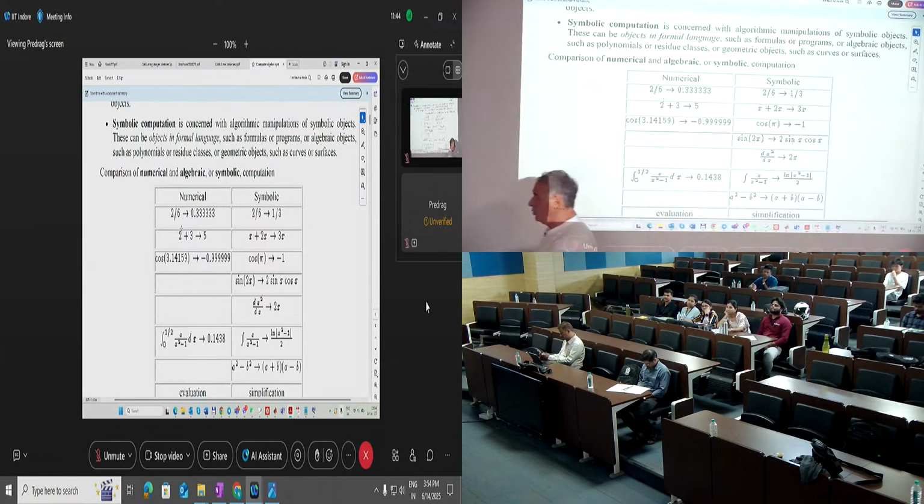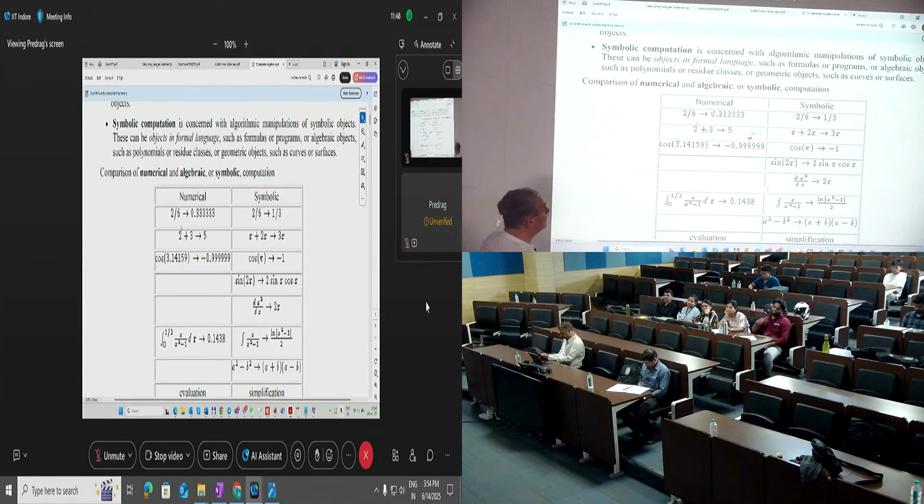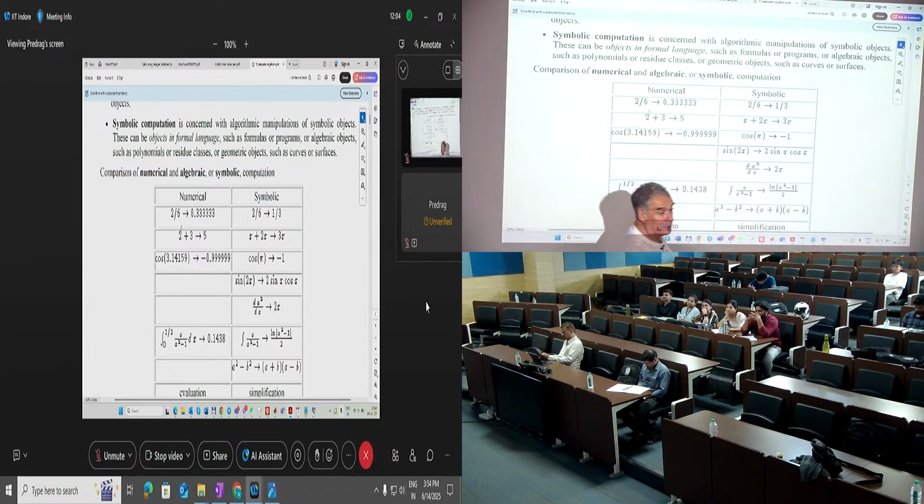Symbolic computation can calculate x plus 2x equals 3x. What does it mean? Symbolic computation is able to manipulate the unevaluated symbol x. Another example, cosine of.